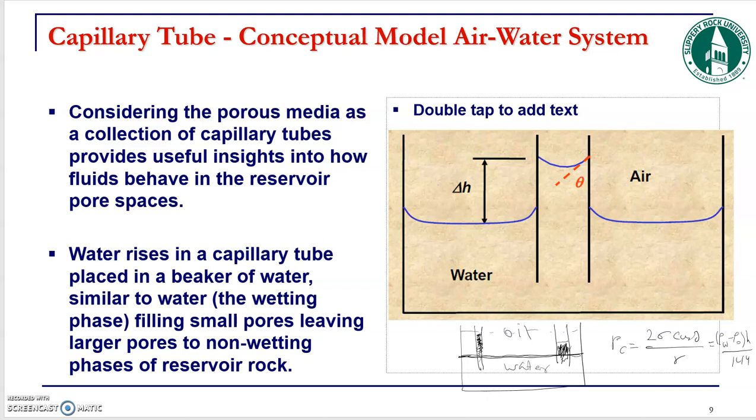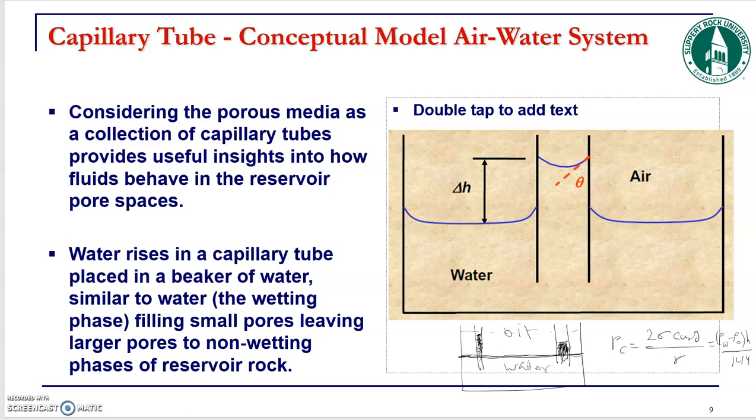So the height at which the water goes up is inversely proportional to the radius of the capillary tube, right? So the larger the capillary tube radius, the lower would be the height of the fluid, in this case water, inside the capillary tube, right? So if I have a larger tube, I will have water going up through the capillary tube less, right?